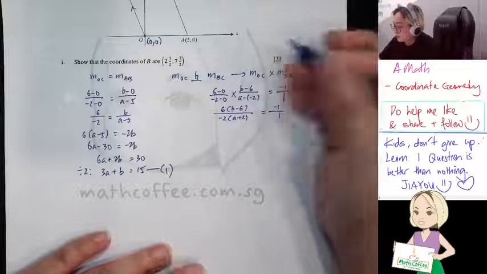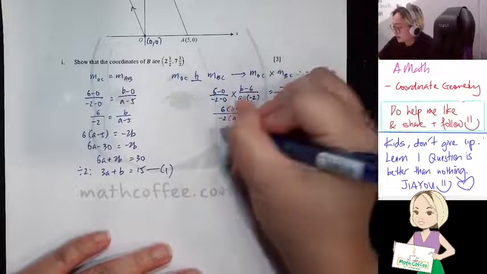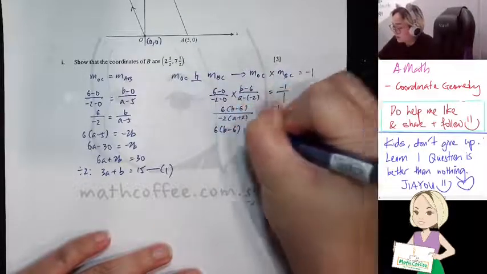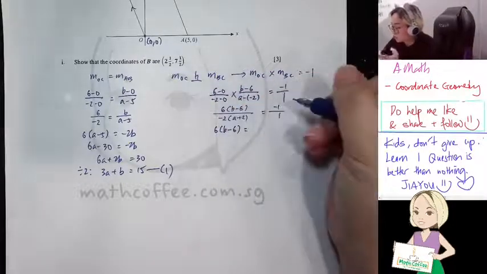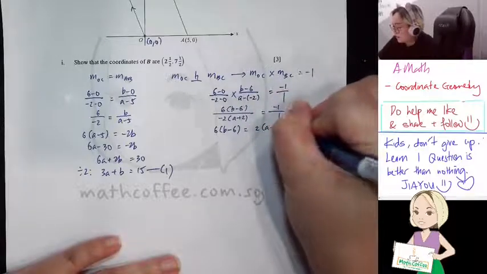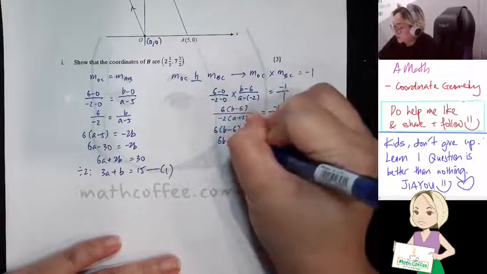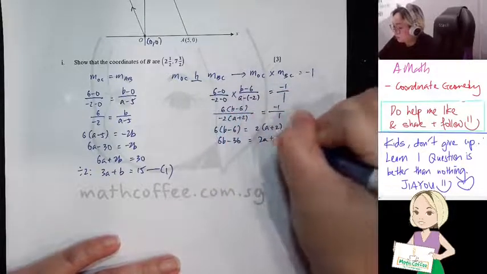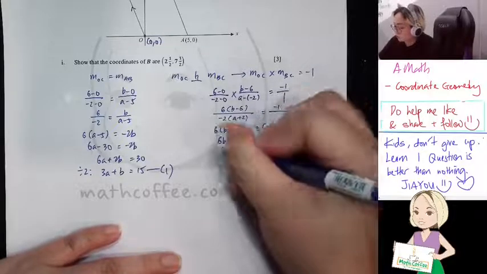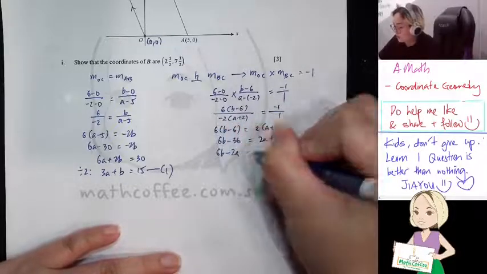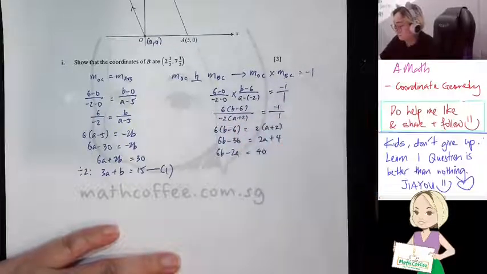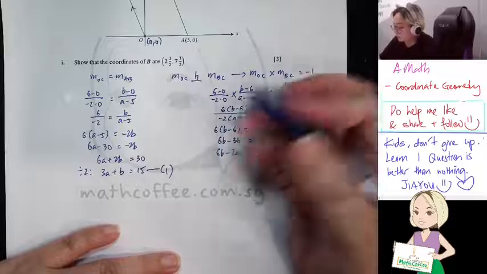So let's see. I can cross multiply. So 6(B minus 6) equals to, minus 2 minus 1 is 2, so it's just 2(A plus 2). 6B minus 36 is equal to 2A plus 4. So bring over, 6B minus 2A is equal to 40. I can reduce, actually doesn't matter.